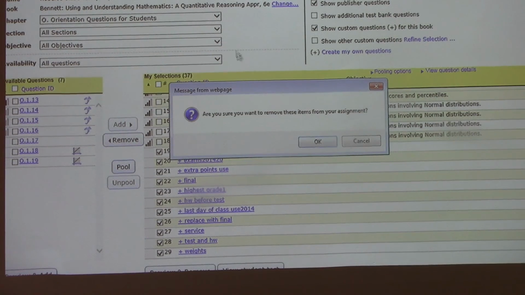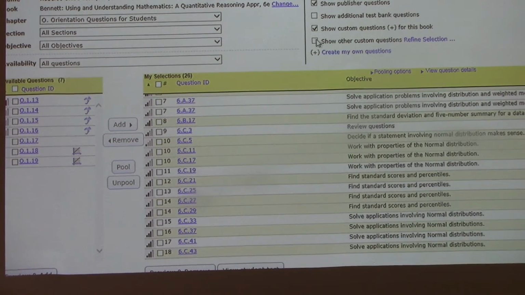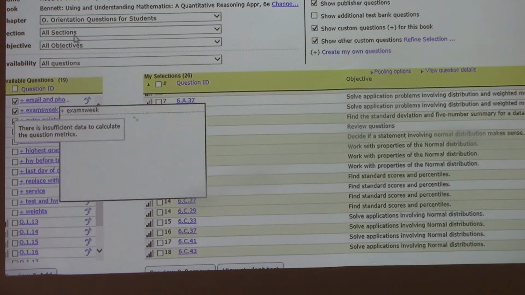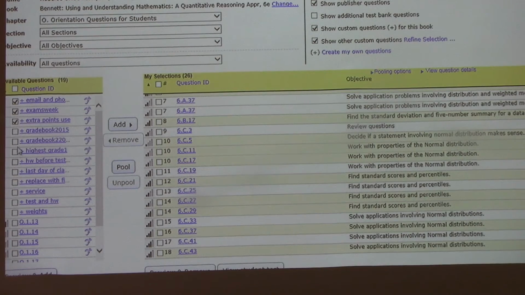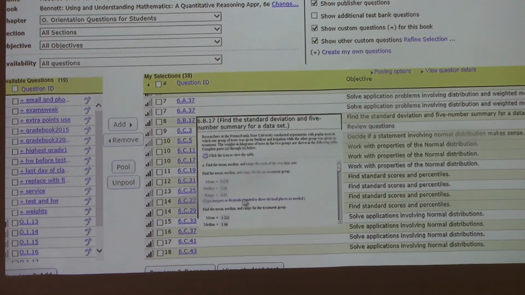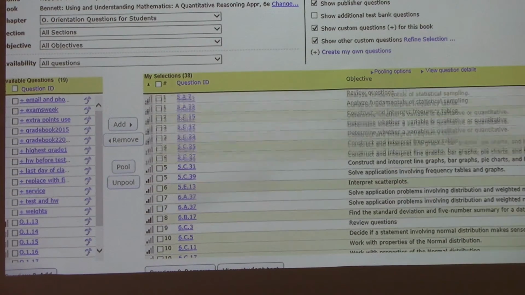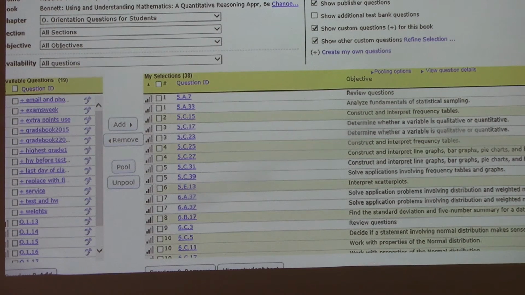Okay, show custom, 1, 2, 3, 4, 5, 6, 7, 8, 9, 10, 11. Which one did I say I didn't like? The pregnancy one.